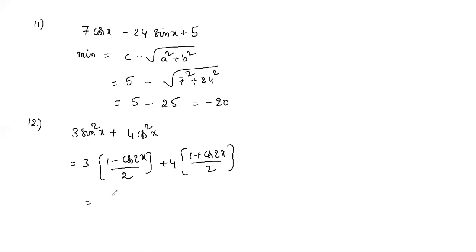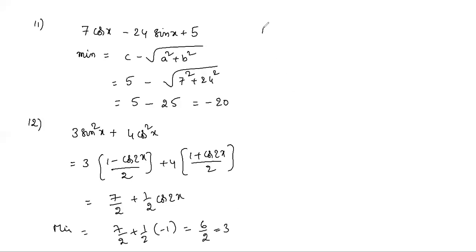So 3 by 2 plus 4 by 2 is 7 by 2, plus 4 by 2 minus 3 by 2 is plus 1 by 2 cos 2x. Now we have to find the minimum value. So minimum equals 7 by 2 plus 1 by 2 into the minimum value of cos 2x, which is minus 1. So 7 by 2 minus 1 by 2 is 6 by 2, which equals 3.